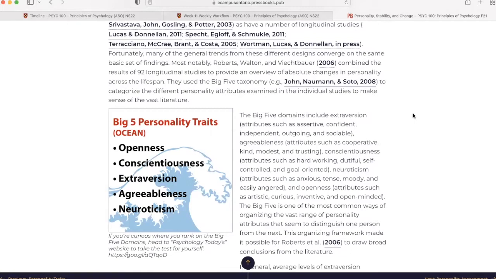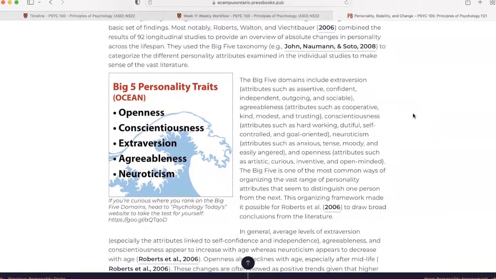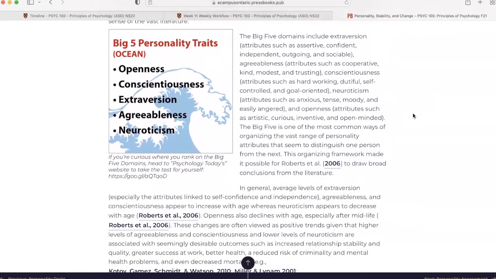Most notably, in 2006, Roberts, Walton, and Viechtbauer combined the results of 92 longitudinal studies to provide an overview of absolute changes in personality across the lifespan. They used the Big Five taxonomy to categorize the different personality attributes examined in individual studies to make sense of the vast literature.